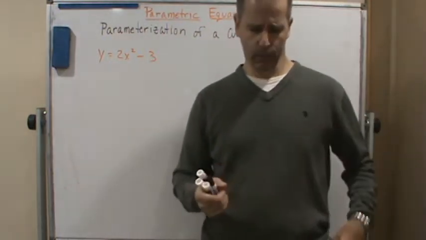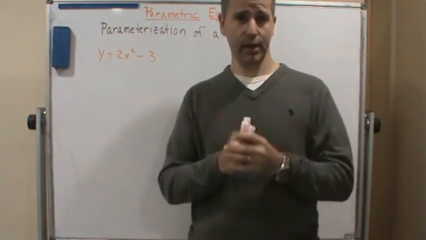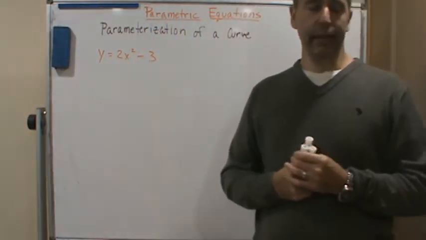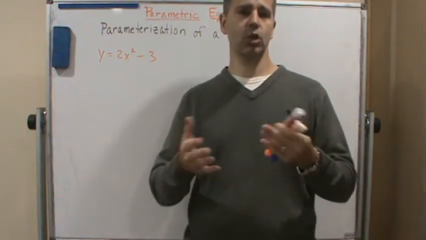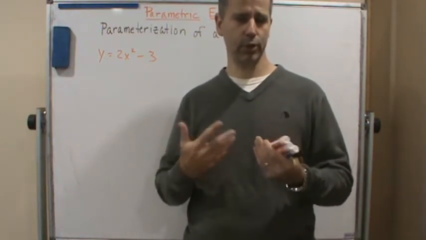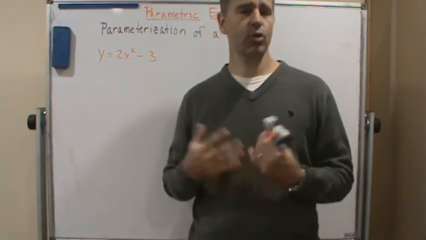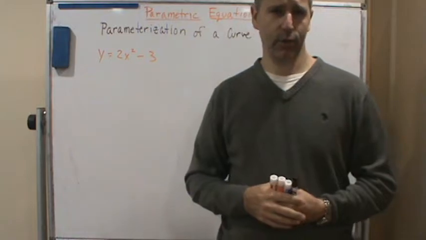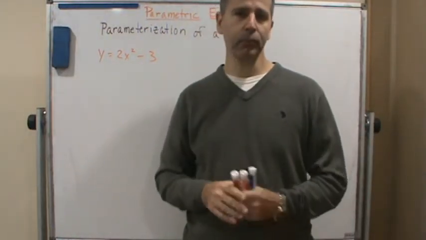Being able to eliminate the parameter and write a single equation in terms of x and y is one thing, but to split it up into two parametric equations, there's usually more than one way to do that. I'm going to show you a couple of ways.